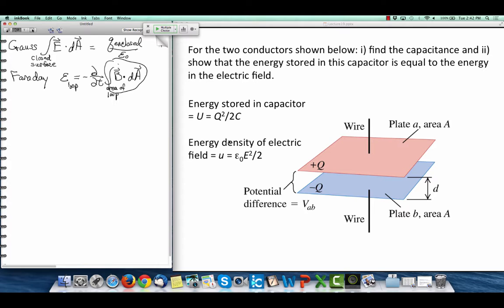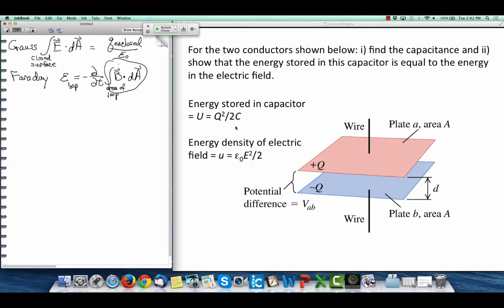You can do that just by integrating as you add charge to a capacitor. As you add charge, the charge gets bigger, but so does the voltage difference, and so it costs you more energy when the voltage difference gets larger to charge it up even more.